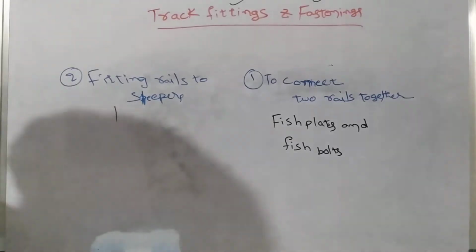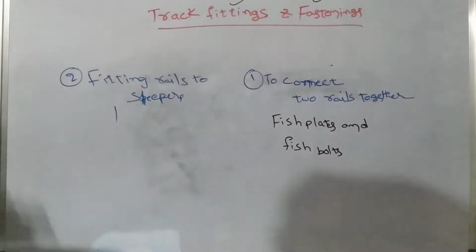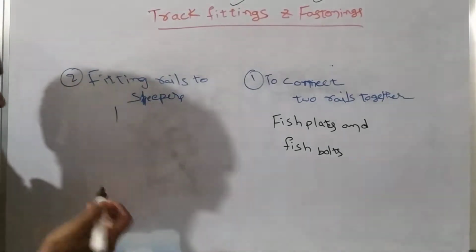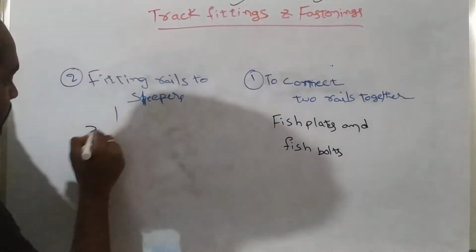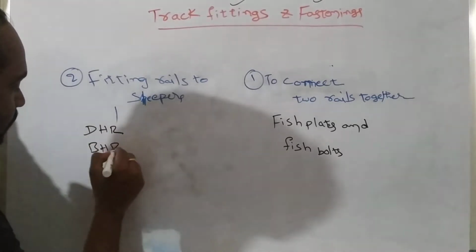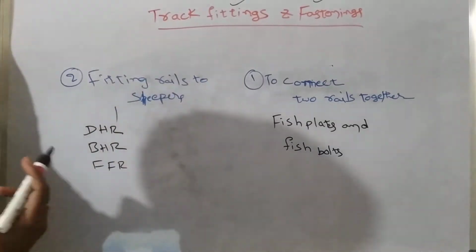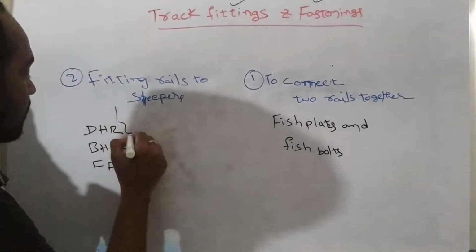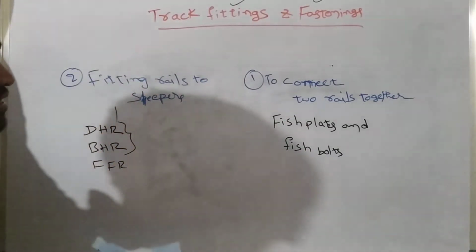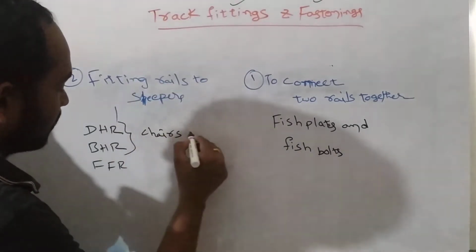In this case, again two cases are there, because there are three types of rails: double-headed rails, bull-headed rails, and flat-footed rails. Understand? To fit double-headed rails and bull-headed rails to the sleepers, we will use chairs and keys.